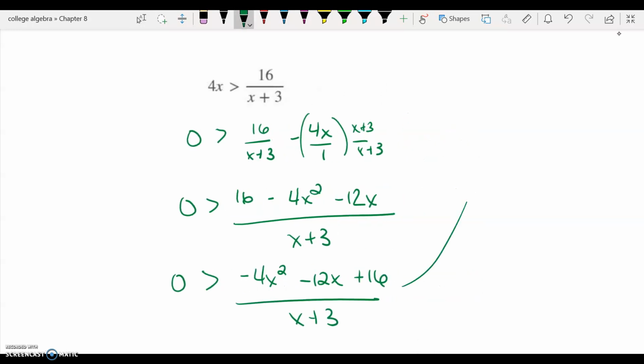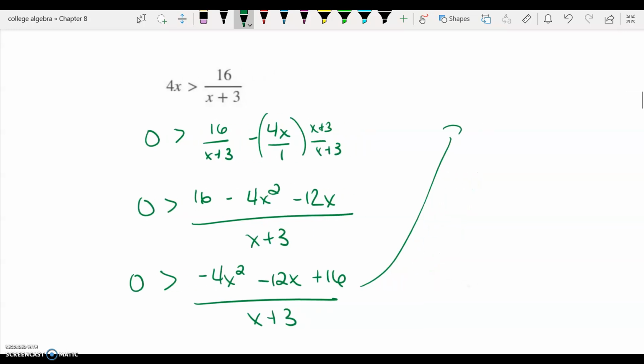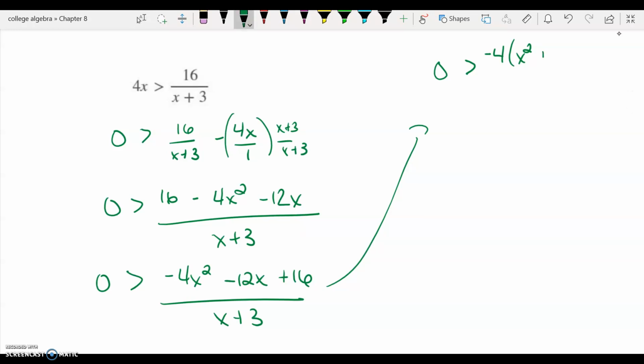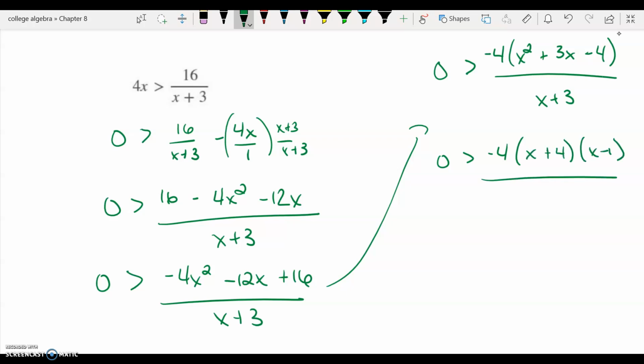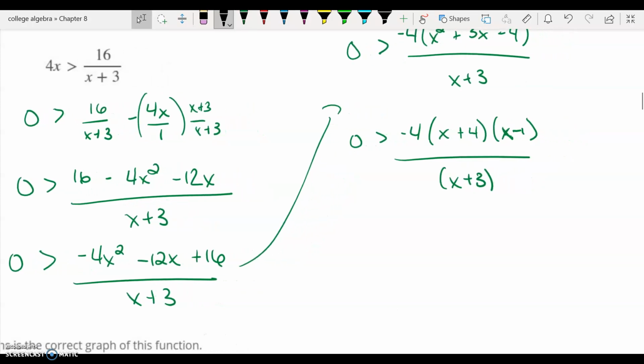I would factor the top first. You don't worry about the bottom. So look at all the values that give you 0.